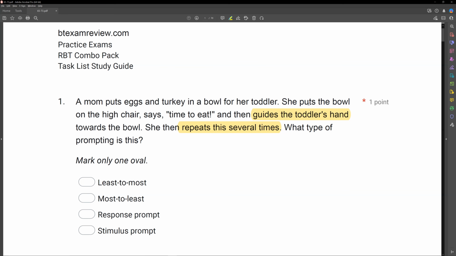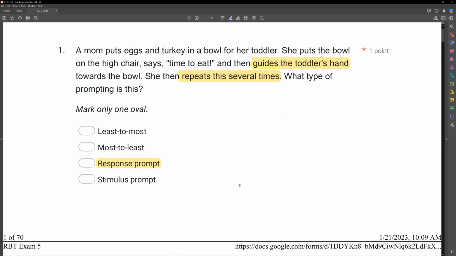But she's acting directly on the response by moving the toddler's hand towards the bowl. So what type of prompting is she doing? Well, she's doing a response prompt. This is a really good prompting question. It really requires you to think and analyze everything about the question and then consider, okay, what answer choice fits best? The best answer is response prompt.